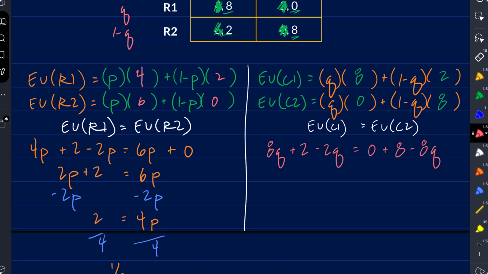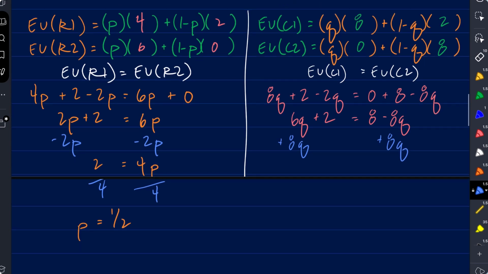All right, so this will be 6Q plus 2 equals 8 minus 8Q. Let us add 8Q to both sides.